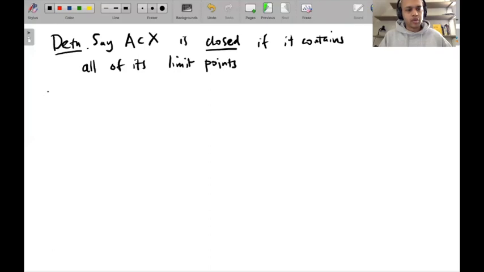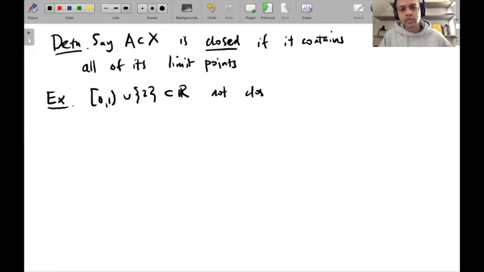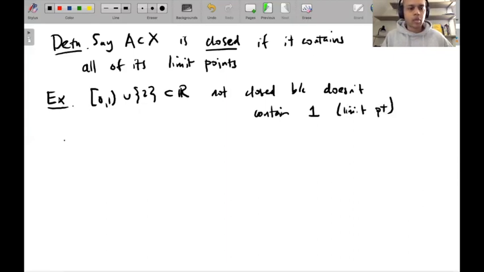So for example, this set that we considered before in R is not closed because it doesn't contain its limit point 1. On the other hand, if we just add this point in, now it's closed.